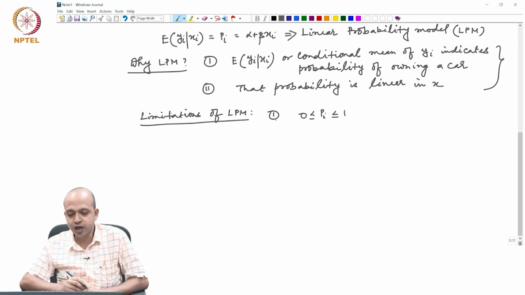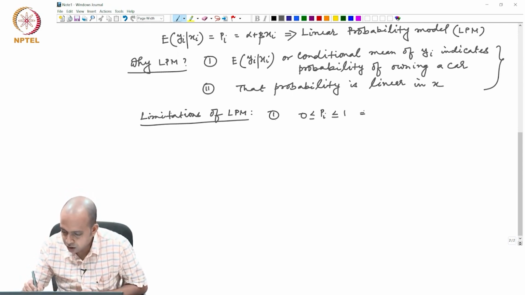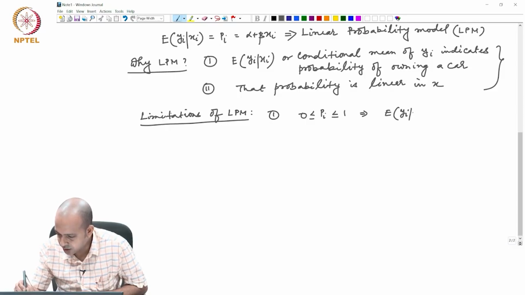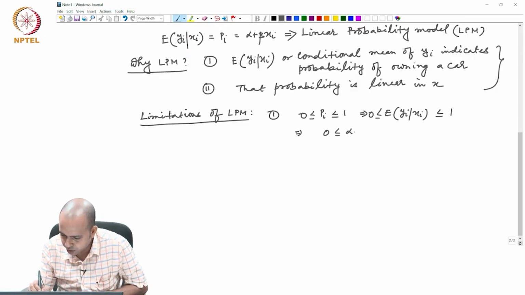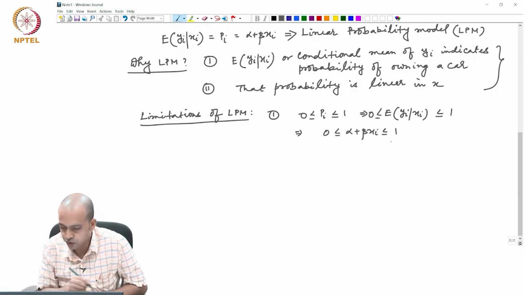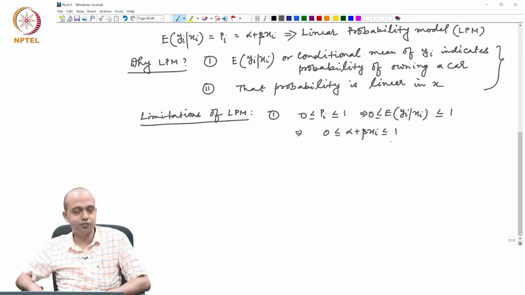That implies expectation of yi given xi should also lie between 0 and 1, and that implies alpha plus beta xi should lie between 0 and 1.